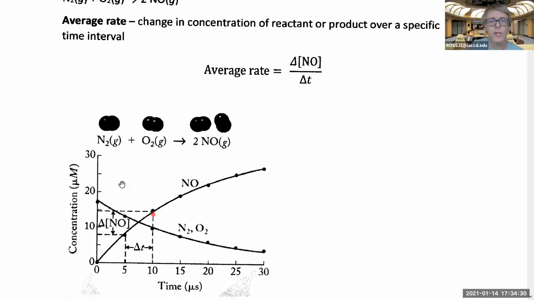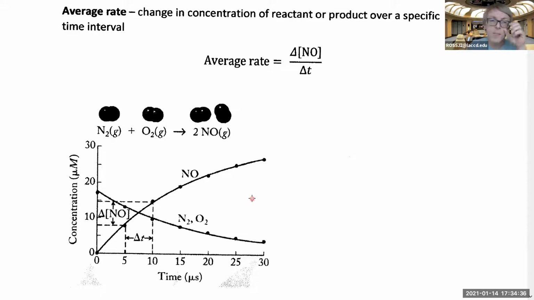If we look at the reaction profile for that reaction, nitrogen and oxygen to get 2NO, because it's a 1:1 to 2 mole coefficient reaction, we can see that the rate of change of the nitrogen decreasing and the oxygen decreasing is the same. So here they're being superimposed onto the same curve.